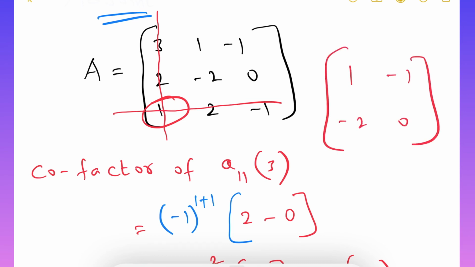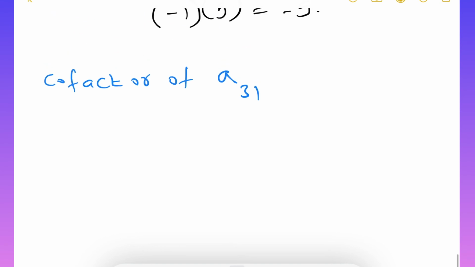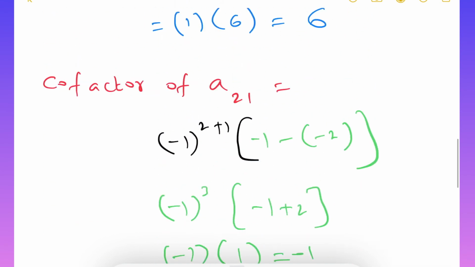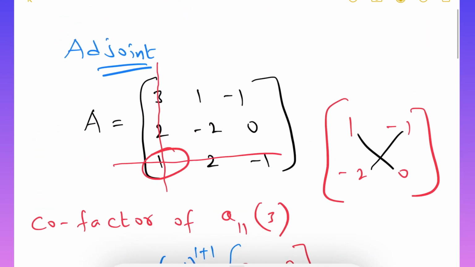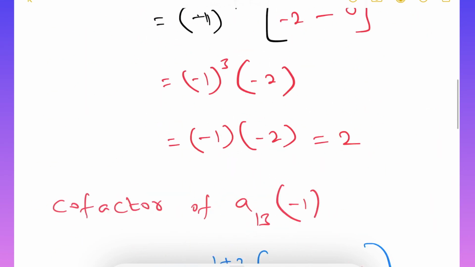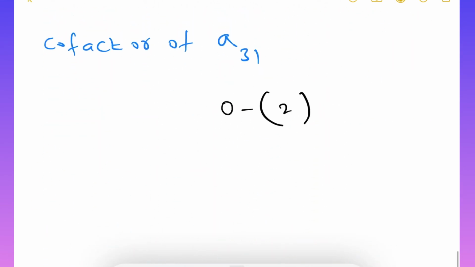Now for this matrix find out the determinant. 1 into 0, 0, minus minus 2 into minus 1 plus 2. So 0 minus 2.